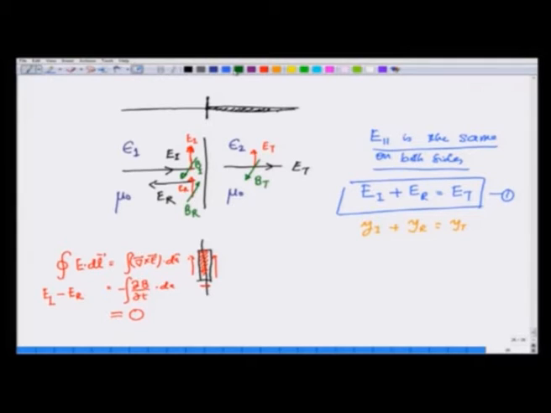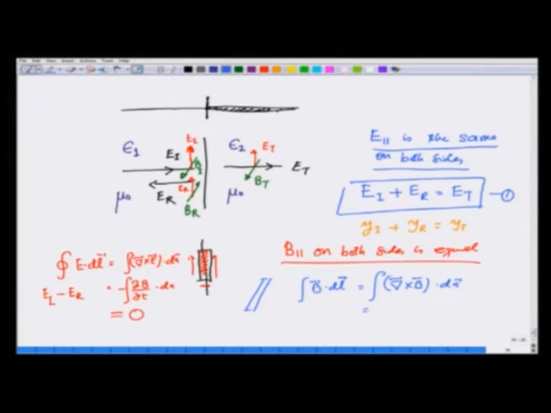In a similar manner, B parallel on both sides is equal. Why is that? That again follows from Stokes' theorem, because if I now take a loop like this parallel to B, then I have the integral of B dot dl across this loop is equal to curl of B dot da, which is equal to mu 0 times d displacement over dt dot da.